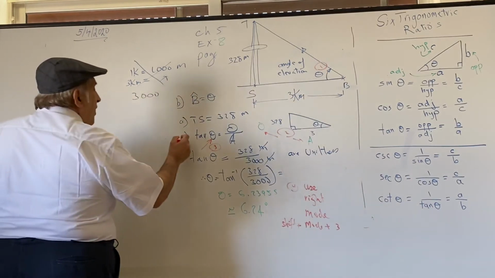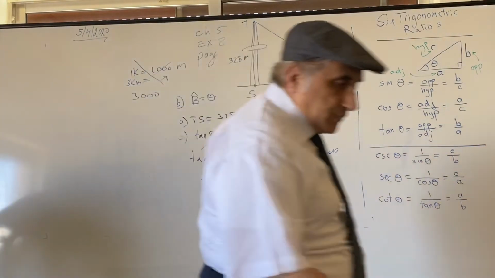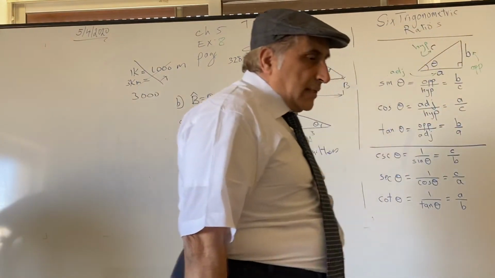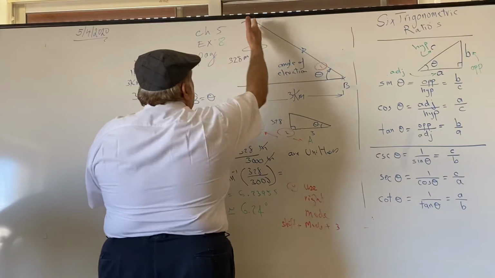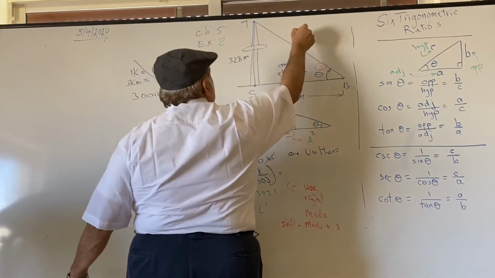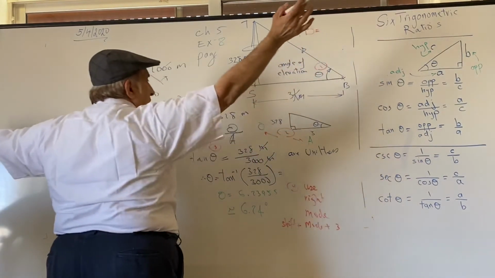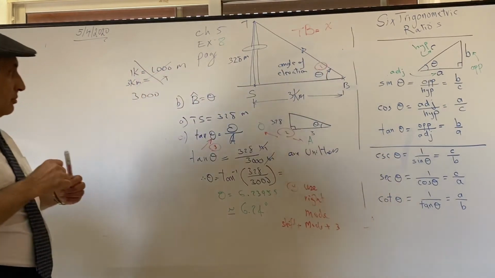He's asking us to find the angle. Wow, we're so lucky. And in part D, he wants us to find TB. You can name it TB like this if you wish. You can name it anything else you want. You can call it X if you wish.